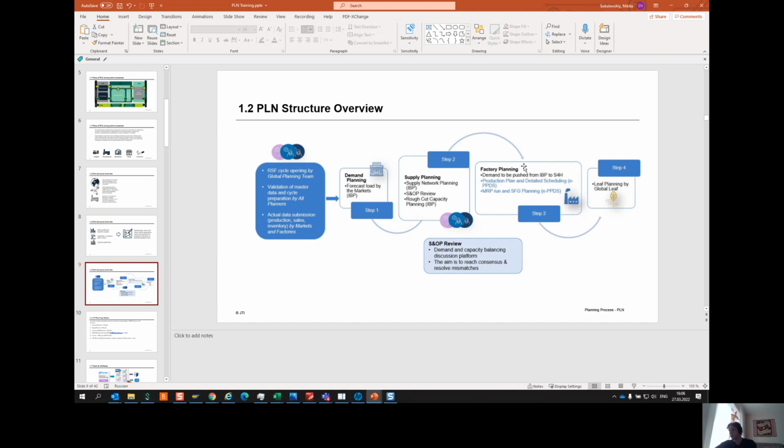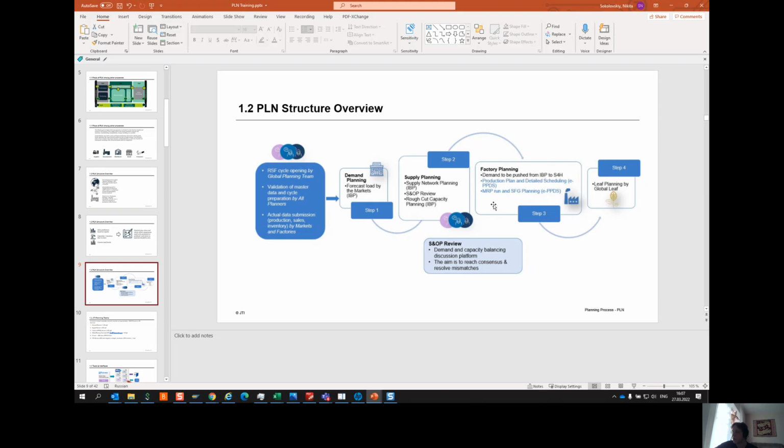Factory planning is conducted not in IBP mostly, but in SAP S/4HANA, which we are all familiar with. On the factory planning level, every particular plant, every particular factory breaks down the demands from the supply stage to particular orders, requisitions, production orders, planned orders, and so on.